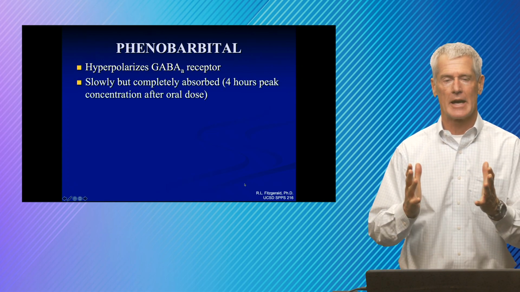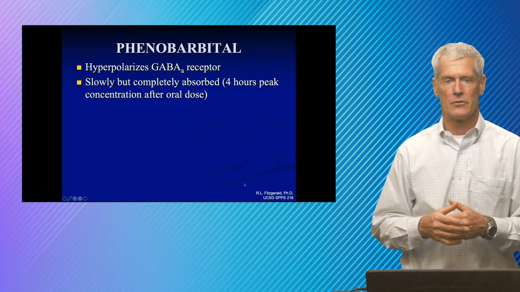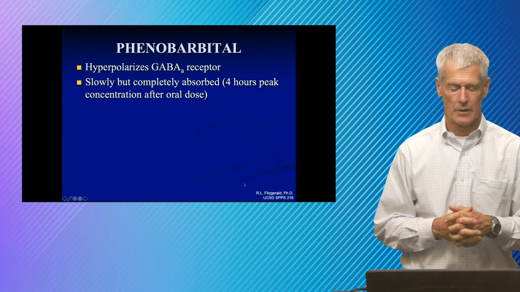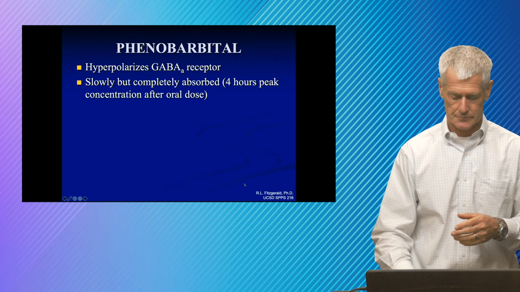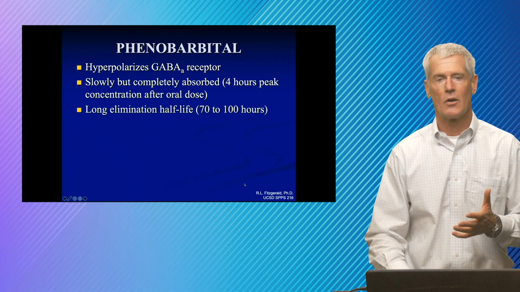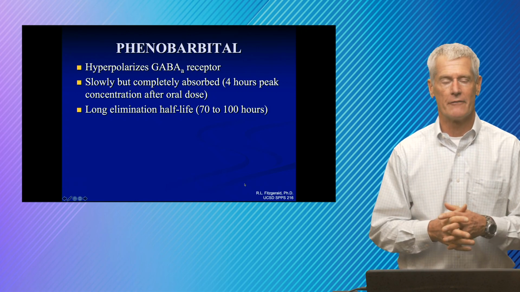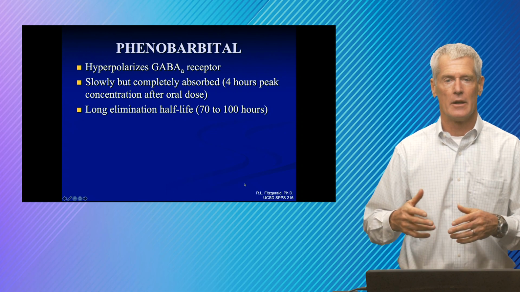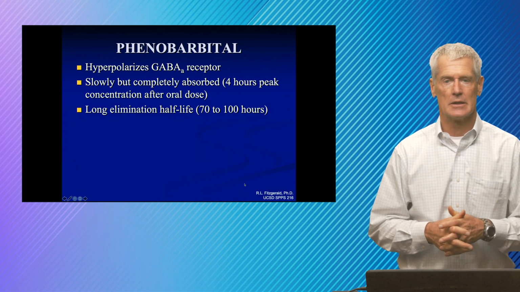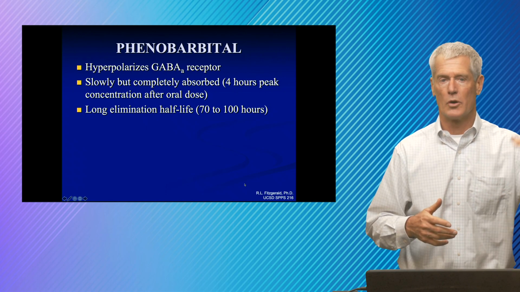It causes the GABA receptor to open, chloride ions come in, and we hyperpolarize, and so we decrease transmission of the signal. Generally well absorbed in about 4 hours. Very long half-life, so if you're doing dose adjustments, we have to wait days to weeks to come to a new steady state.